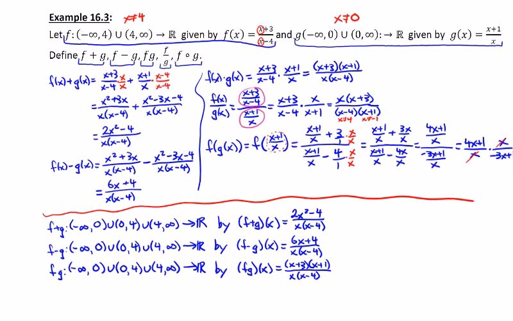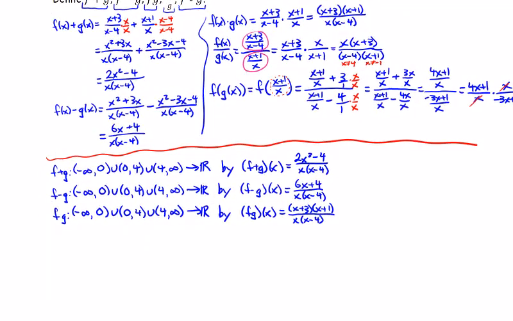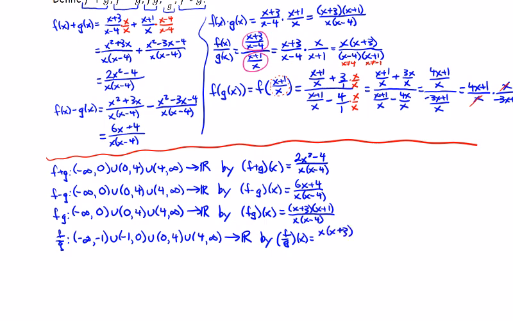So f divided by g: negative infinity to negative 1, union negative 1 to 0, union 0 to 4, union 4 to infinity is the domain, and the domain maps to all real numbers by the equation f divided by g of x is equal to x times x plus 3 over x minus 4 times x plus 1.